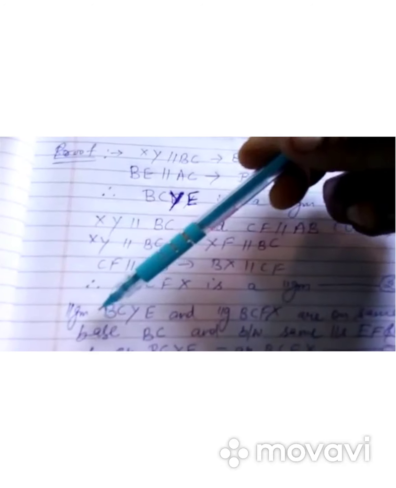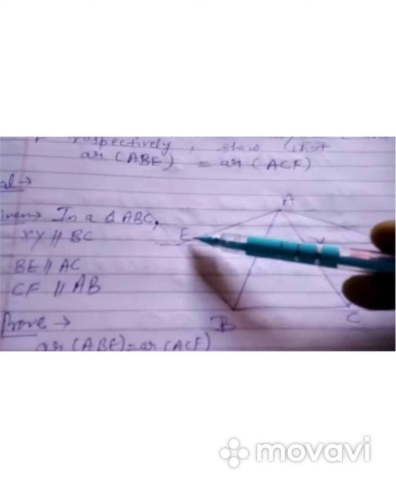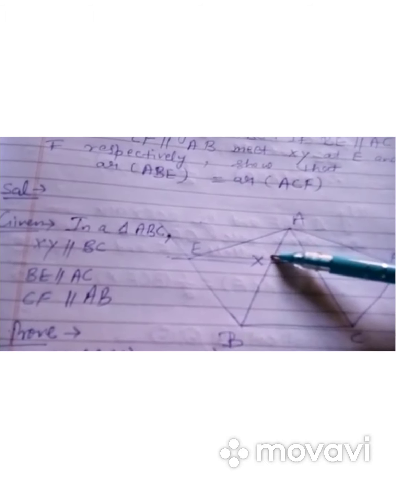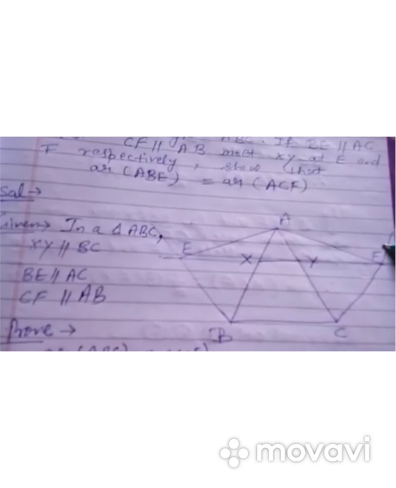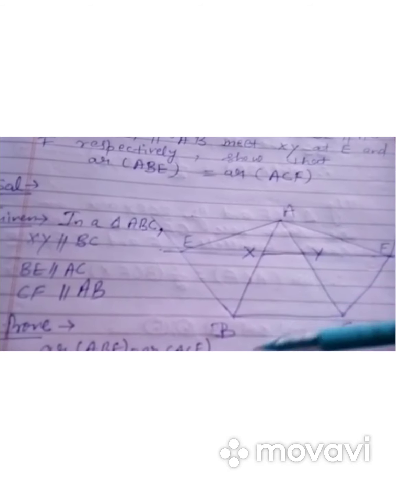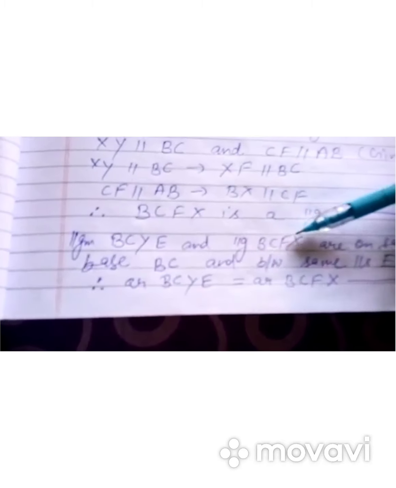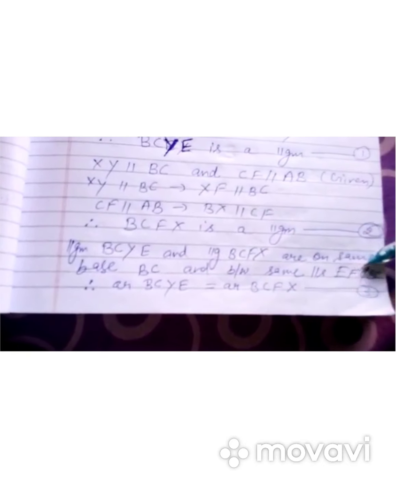Now BCYE and BCFX are both parallelograms, on the same base BC and between the same parallels EF and BC. So the areas of BCYE and BCFX will be equal.